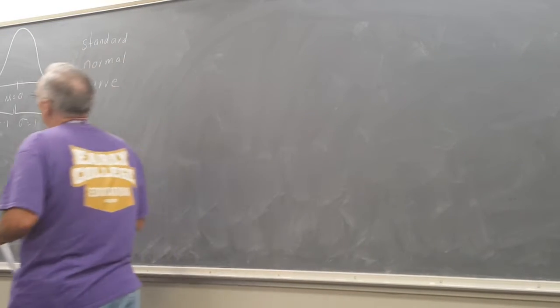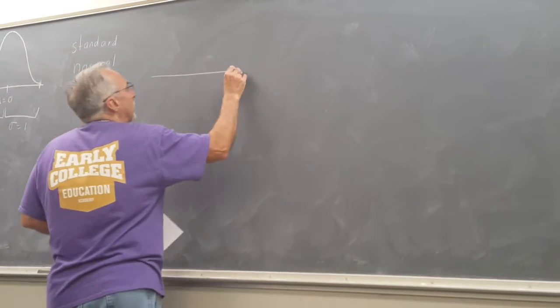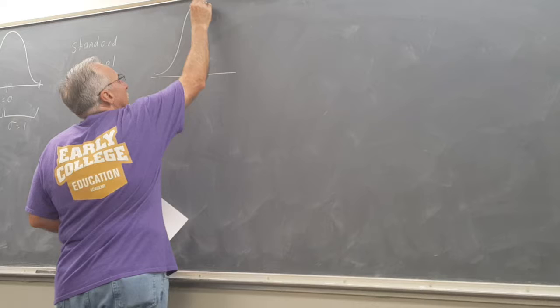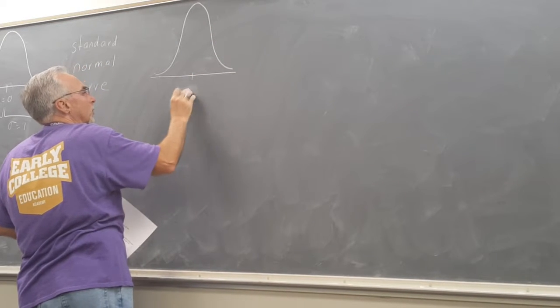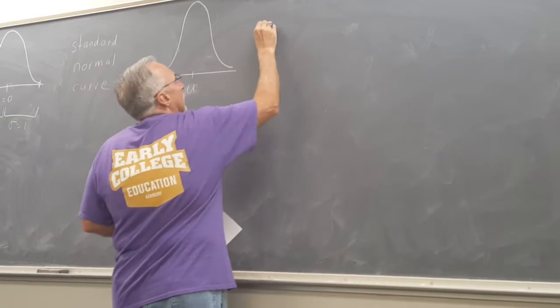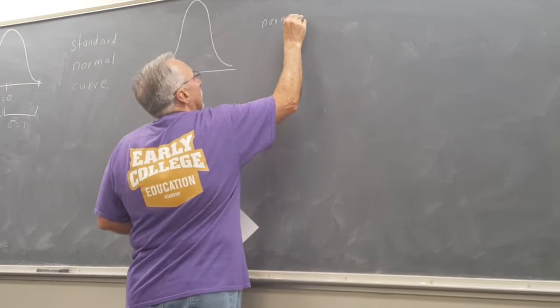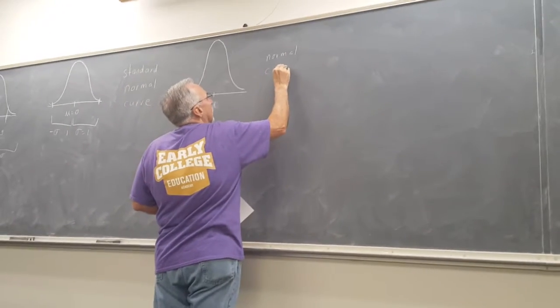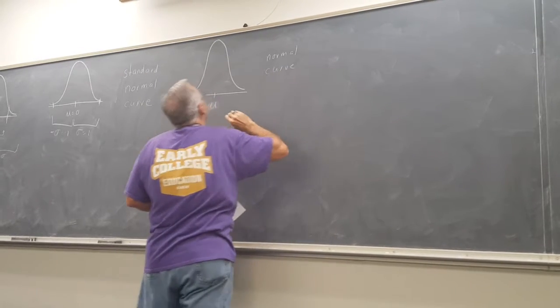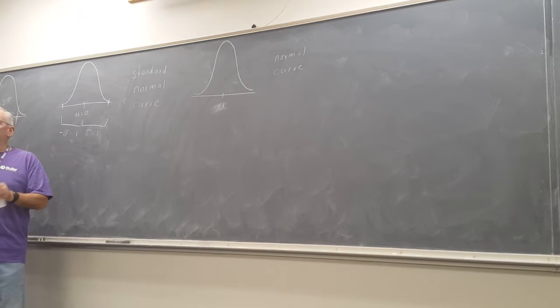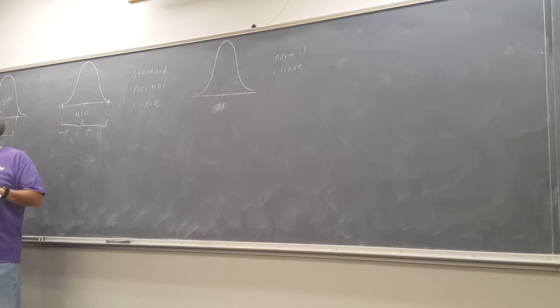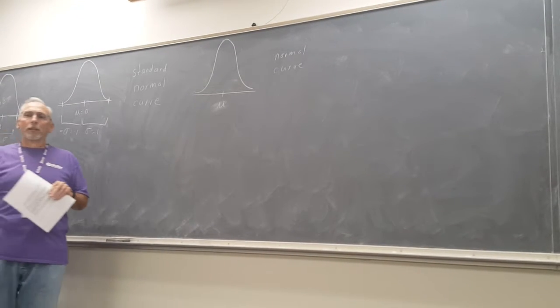So again, you can draw any normal curve. One thing I do want to show you is your mean is in the middle for just a normal curve. And going back, there were three things we measured for center: mean, median, and mode, remember that?